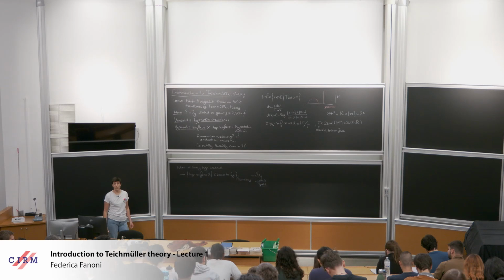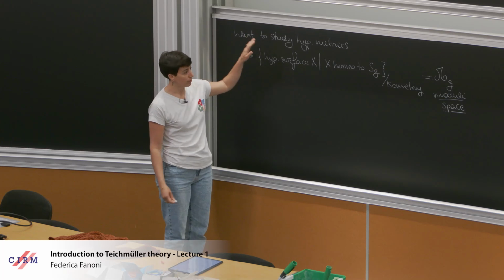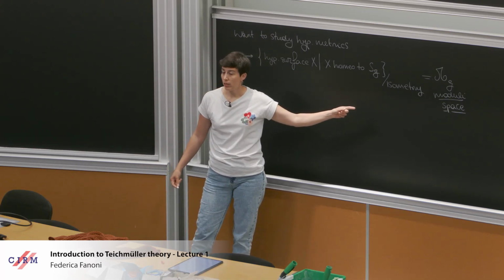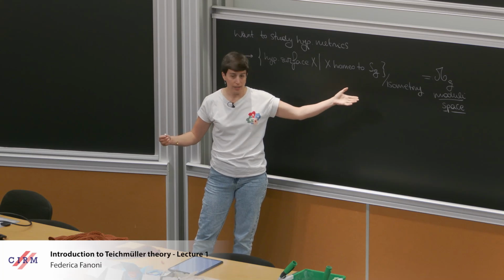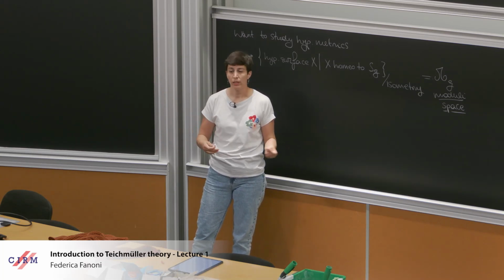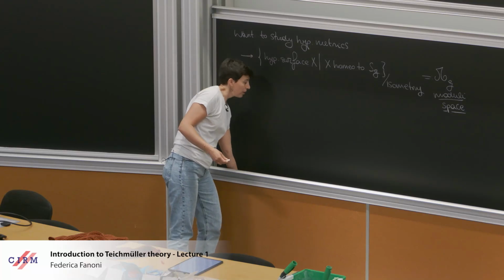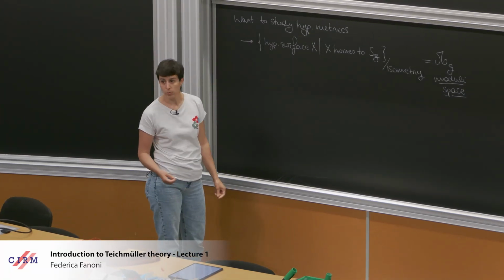It's already a topologically complicated object. So one way of trying to study that is to look at its universal cover and its fundamental group, and try to understand this as the quotient of its universal cover via the action of its group. And it turns out that the universal cover of moduli space is Teichmüller space.